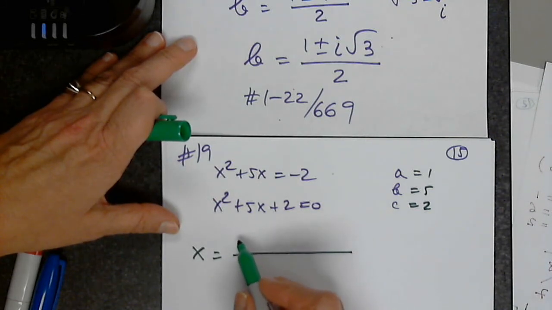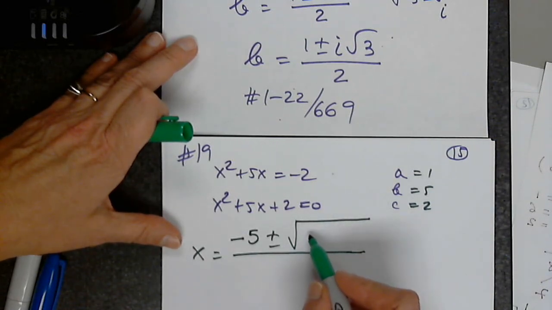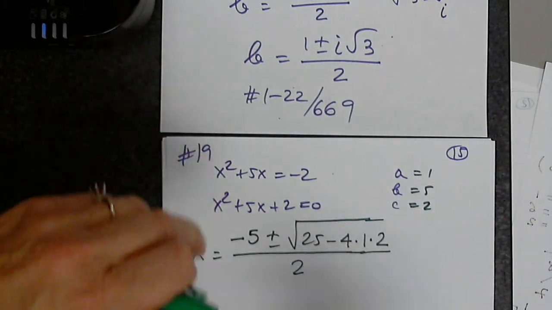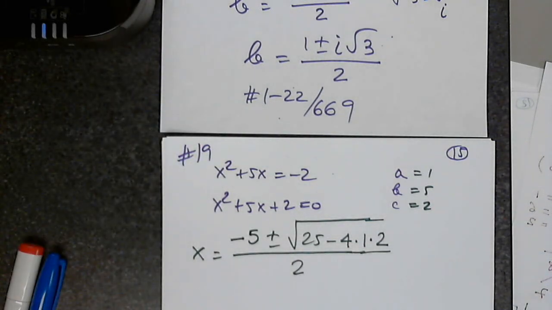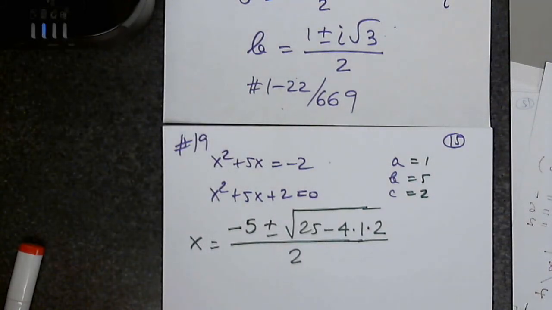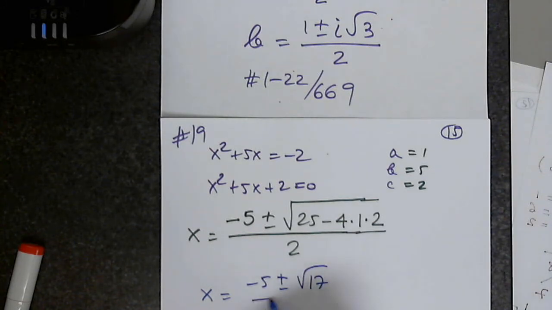Negative b plus or minus, minus 4 times 1 times 2 over 2a. So then x equals negative 5 plus or minus, 4 times 2 is 8, 25 minus 8 is 17. The square root of 17 divided by 2, and no one can further simplify this.